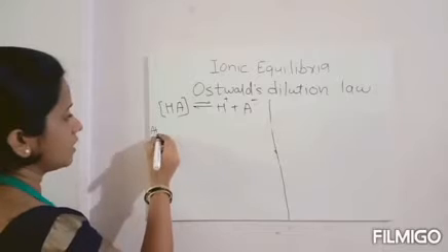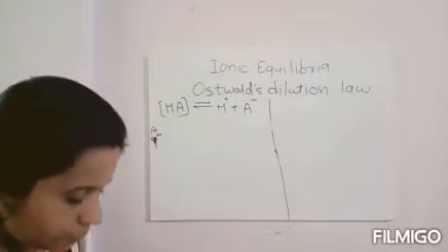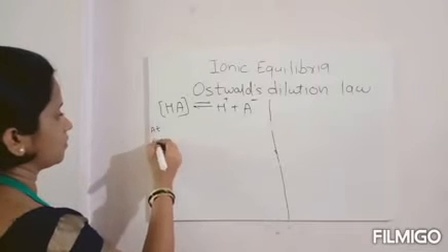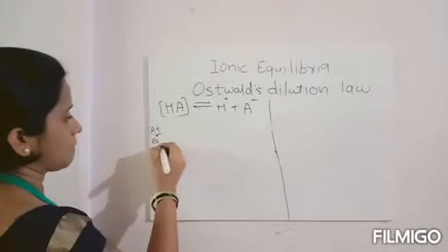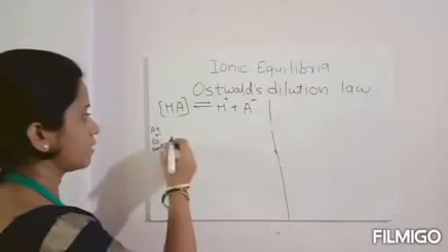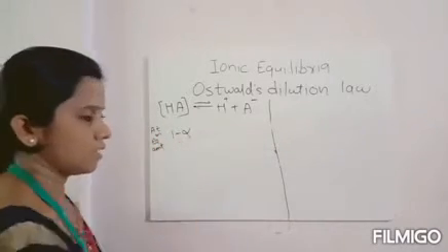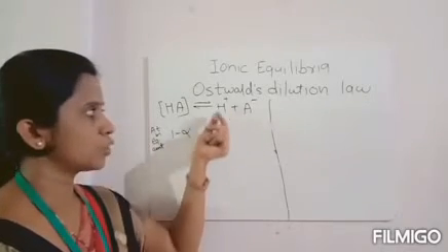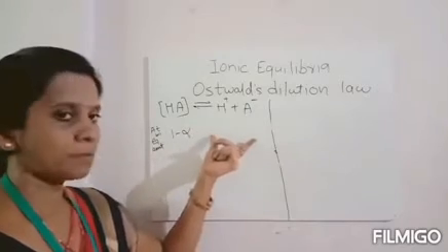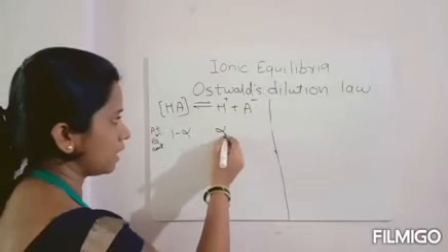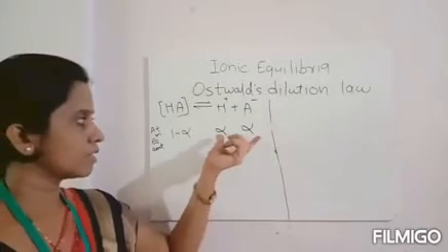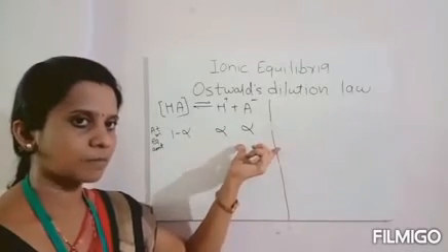At equilibrium, the amount of HA present will be 1 minus alpha. For H plus and A minus, the amount present at equilibrium will be alpha each, because this much is dissociated.